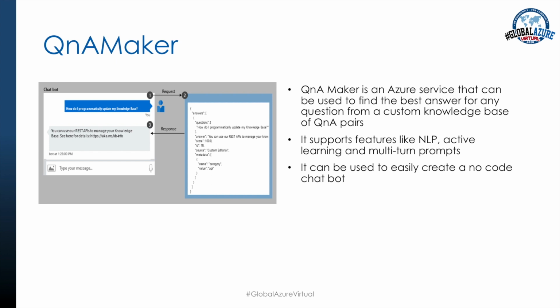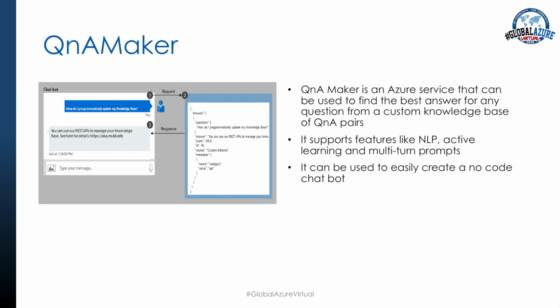In this way, you can create context-based conversations using the multi-turn prompts. Like it's quite evident, the most common use case for this QnAMaker is to create a chatbot, wherein the chatbot just gives us a medium through which the users can communicate with the service.